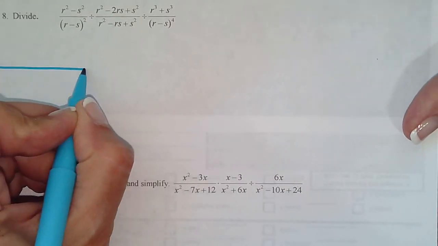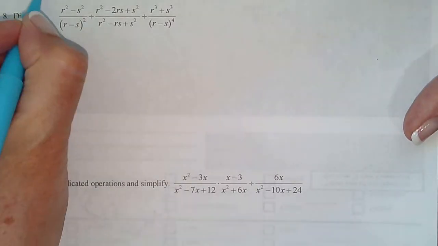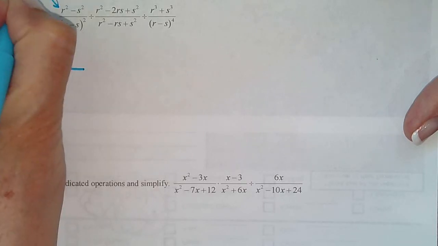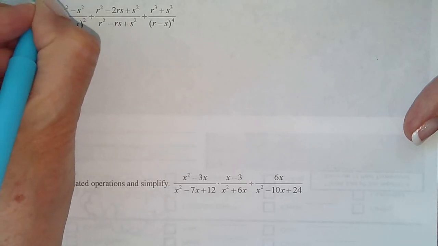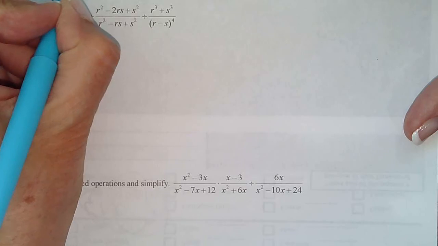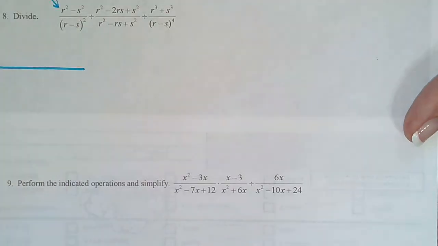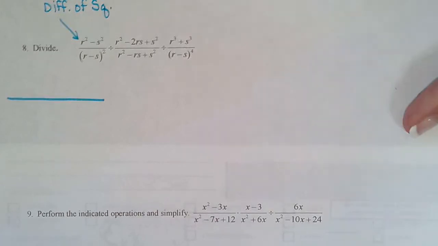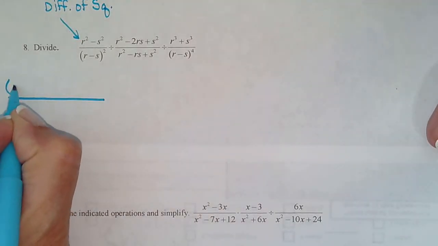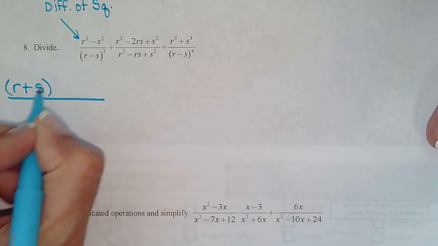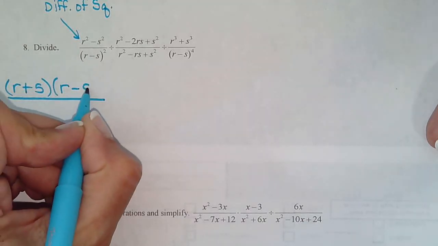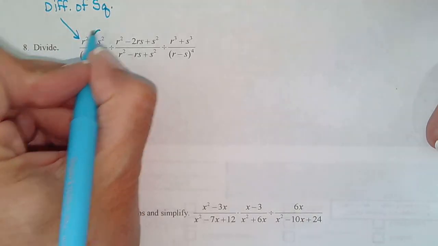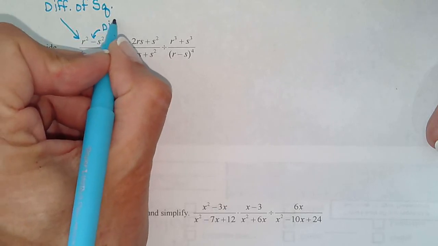So no place to begin but here. So difference of squares. And if you want to label them like I am, that's probably a good idea because, like I said, students struggle a little bit with the letters only. So that turns into r plus s, r minus s, because this says the signs will be different.